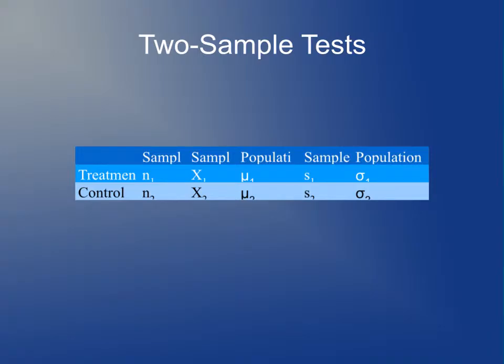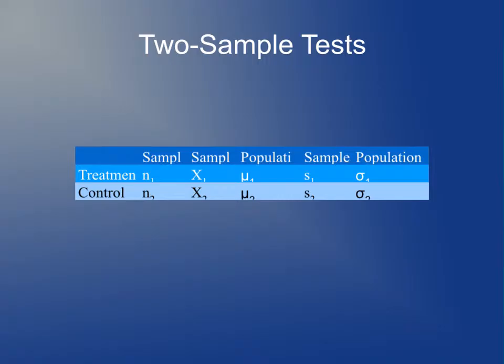So the notation for a two-sample t-test, again, apologies that my bars disappeared and that some of the subscripts got cut off here. We have the first sample and the second sample, or we have the sample size, the sample mean, the population mean, the sample standard deviation, the population standard deviation, say a treatment group and a control group, it could be any two groups.